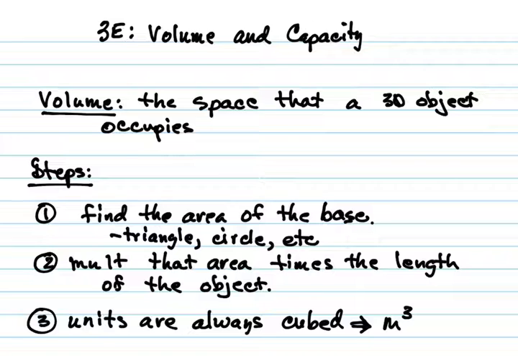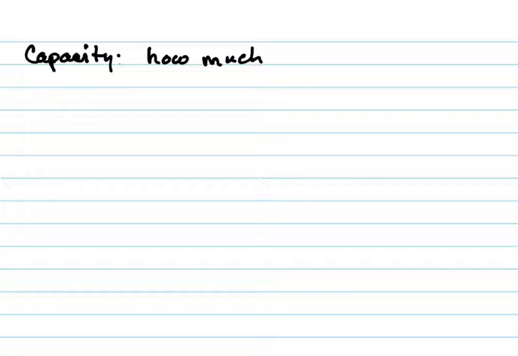But others are going to want you to move on and find the capacity, and we're going to go ahead and talk about that now. And for all of these that we do, all of the examples, we're going to find both the volume and capacity. Capacity is what most people think of as the volume. What that means is how much, sorry guys, handwriting, how much a 3D object can hold.